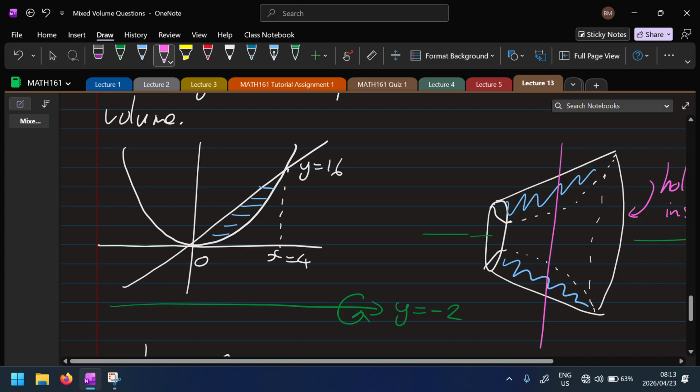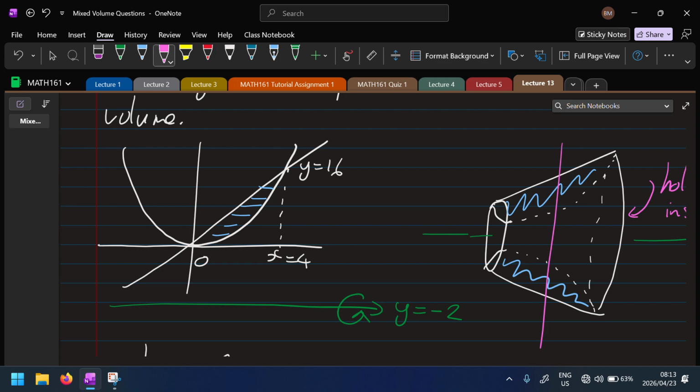When we look down the axis, what do we see? Not a disc. This inside part's hollow. We get a washer. So this blue part will be solid, and this part in the middle is hollow. It's a disc with the middle bit taken out, so it will be a washer. So we can use the washer method for this.